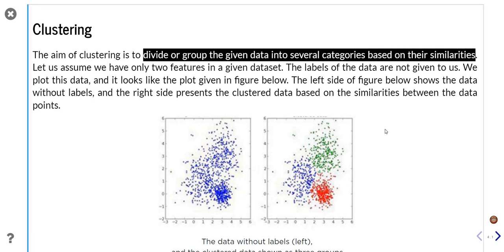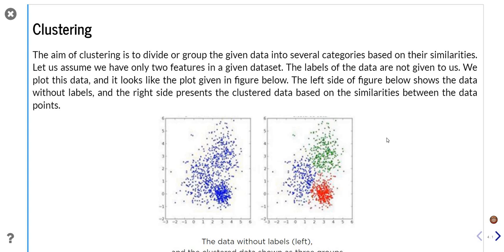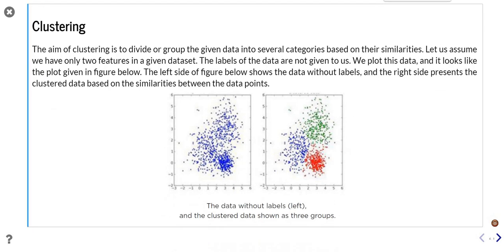So let us assume you only have two features in the given data set. That means the y-axis and x-axis. The labels of the data are not given. So when we actually plot the data, it looks like this. The left-hand side of the figure shows the data without labels.